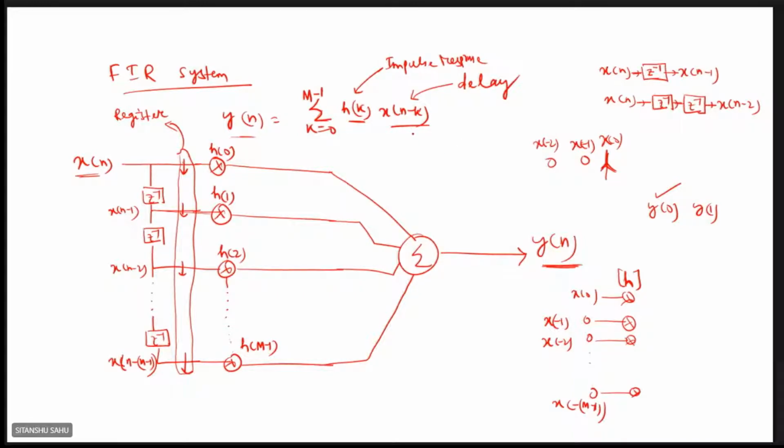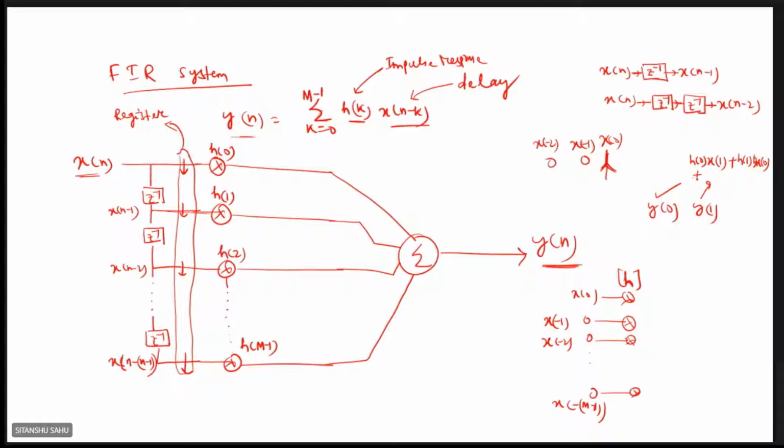So y of 1 we get by multiplication of h of 0 into x of 1, then plus h of 1 into x of 1 minus 1, so this will be x of 0, right?